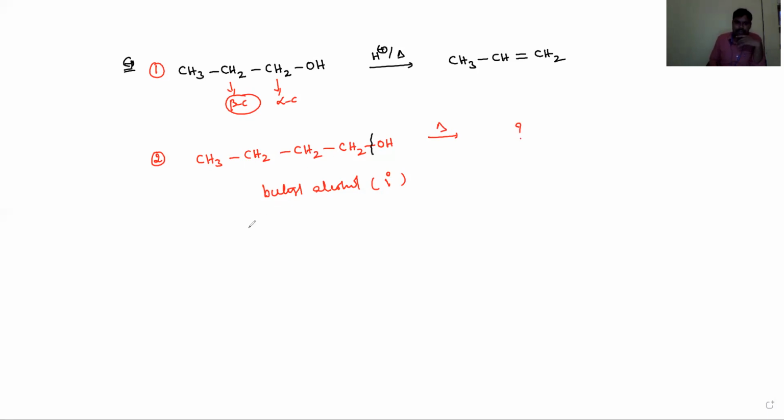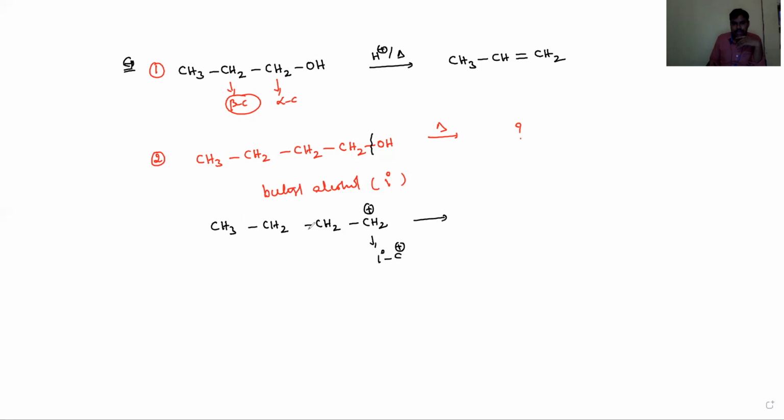First it will produce a butyl carbocation, which is a primary carbocation.